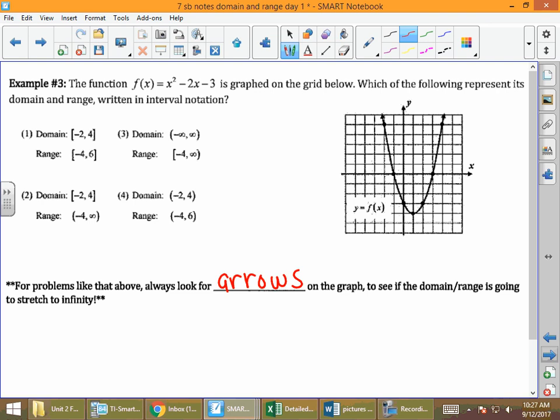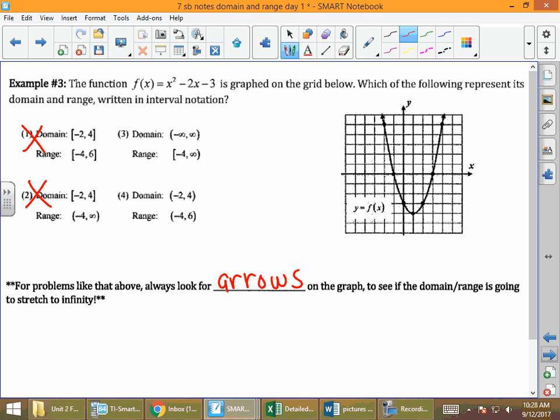So if we look at this problem here, or look at our possible answers to help us, looking at our domain, it says from -2 to 4. But does our graph stop there? No, we have arrows on the end. It's going to keep going. So we know that it's not 1, and we know that it's not 2.